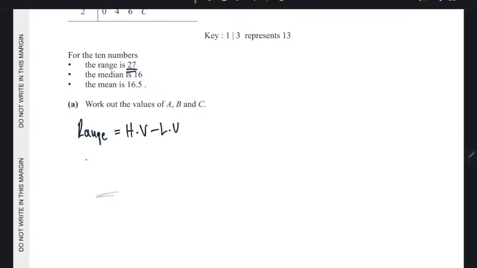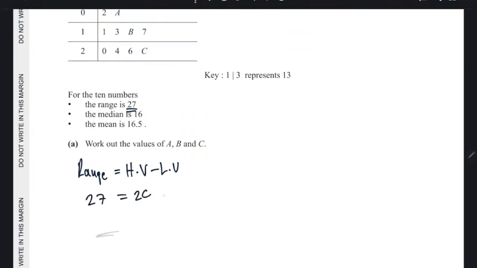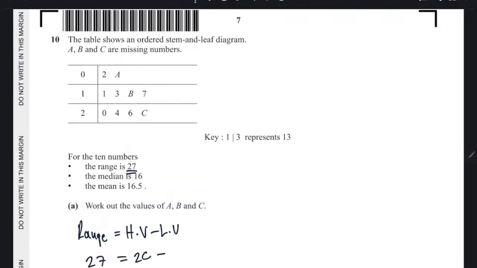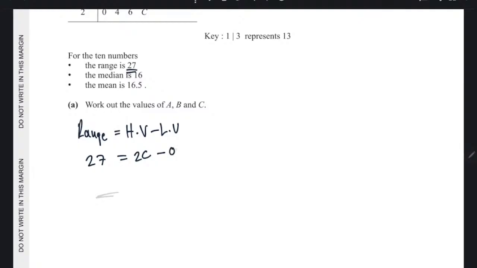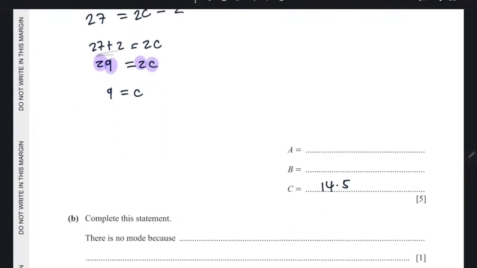Range 27 is equal to the highest value 2c minus the lowest value 0.2, which is 2. You take it to the other side. 27 plus 2 is equal to 2c. 29 is equal to 2c. So 29 over 2 is c. So you can say 9 is the C. So your C is a 9.